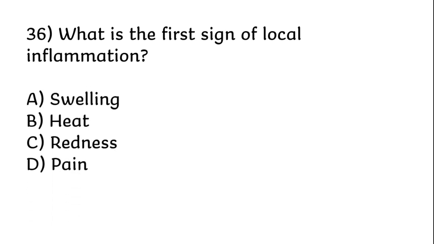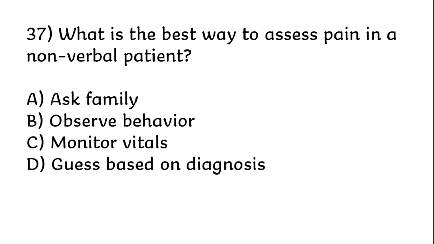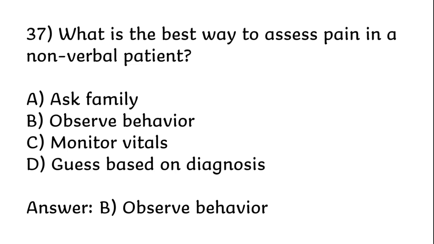Swelling, heat, redness, pain. Correct answer is option C, redness. What is the best way to assess pain in a non-verbal patient? Ask verbally, observe behavior, monitor vitals, guess based on diagnosis. Correct answer is option B, observe behavior.